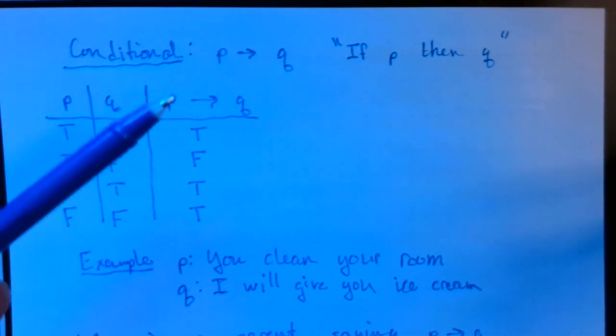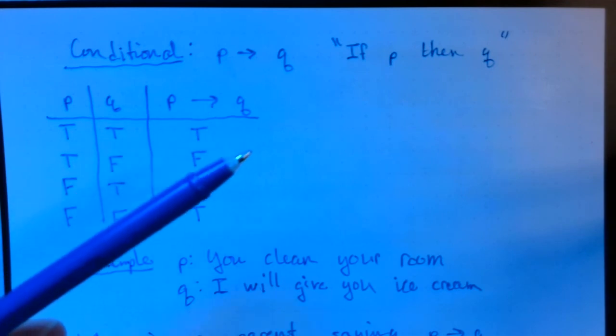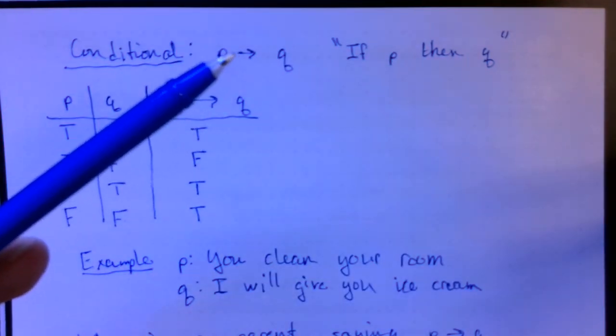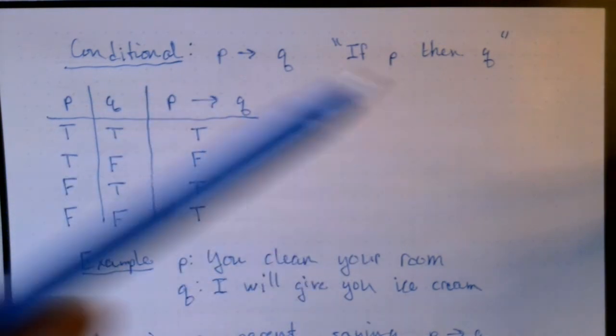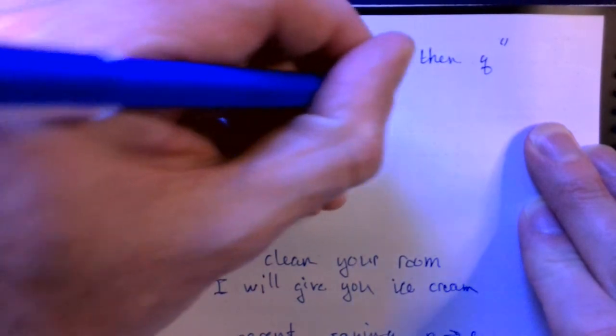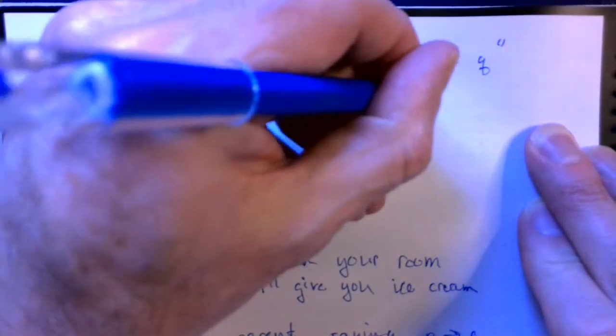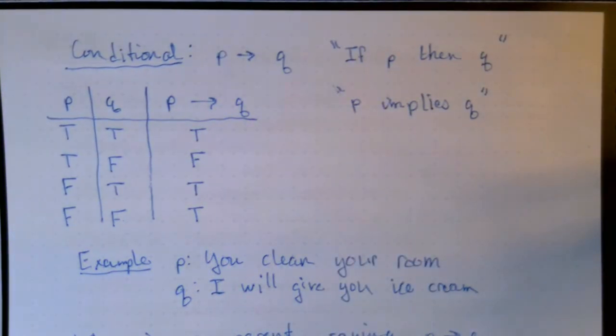Another operator is the conditional operator, or an implication. It's an arrow here, read as "if P then Q." Sometimes people might say "P implies Q."